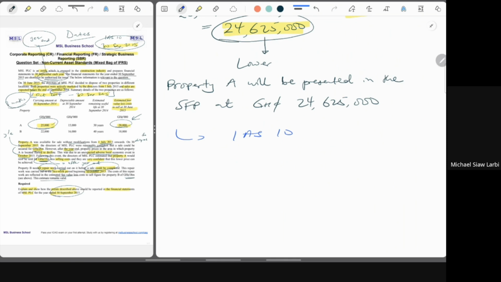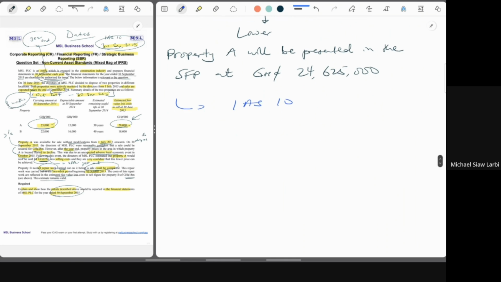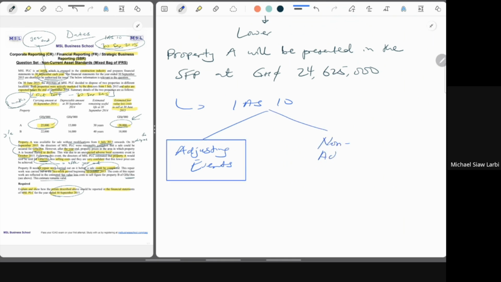There are two main types of events after the reporting period. We have what we call adjusting events, and then we have non-adjusting events, right?